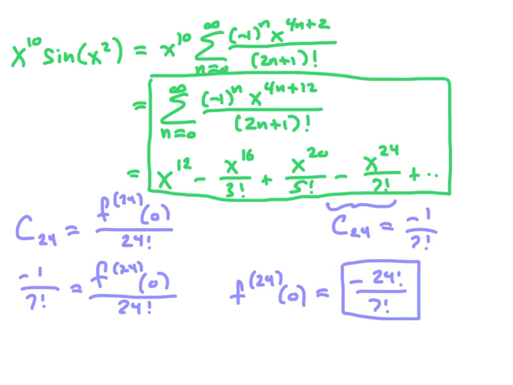It's the coefficient of x to the 24th in that Maclaurin series. And so substituting negative 1 over 7 factorial in for c sub 24, we can solve for the 24th derivative at 0, and it will end up being the number negative 24 factorial over 7 factorial. So that will be the value for our 24th derivative of f at 0.